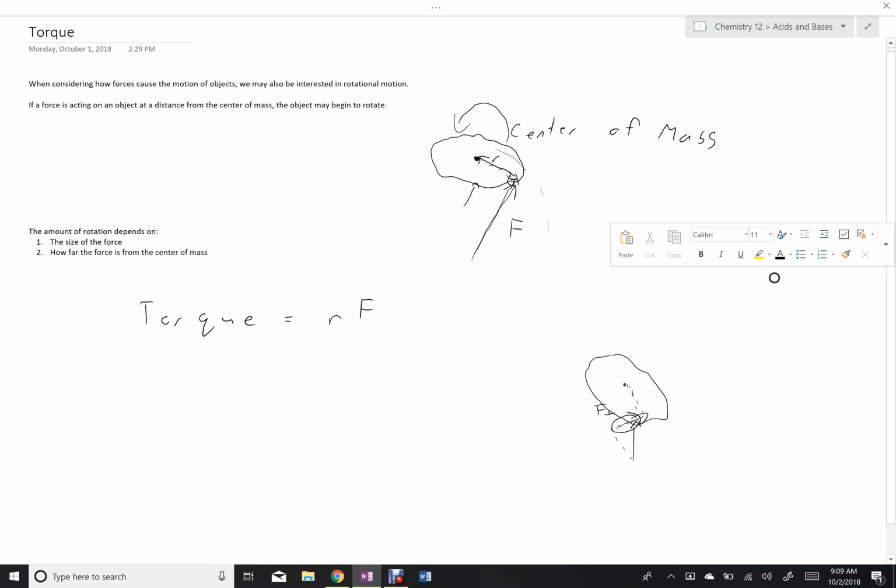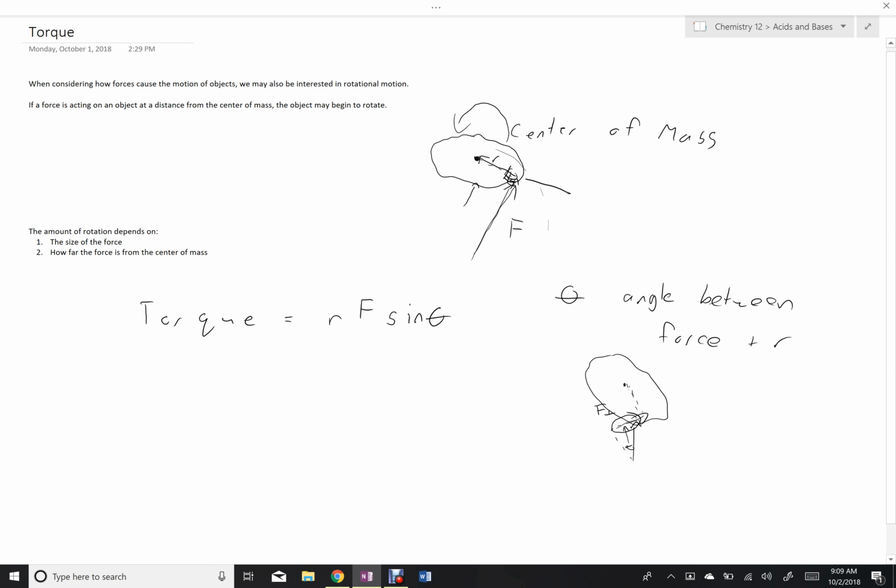For that reason, if we want this part, and this is theta, then this component is the sine. So it's F sine theta, where theta represents the angle between the force and R. So here we can see this is going to cause as much rotation as possible because it's at a 90-degree angle, and if it came straight in here at a 0-degree angle, it would cause no rotation.